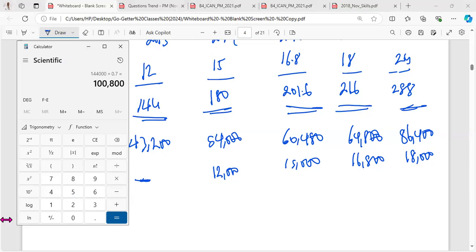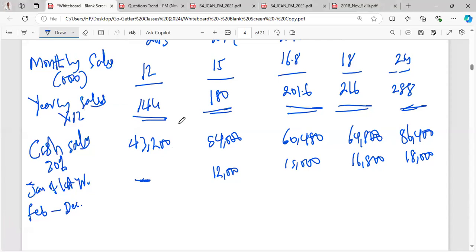180. Okay, so it means that this 180 is supposed to be collected, is pushed to the next month. So what happens here is that for the whole year, you would have collected January to November sales. January to November is being collected in this February to December.